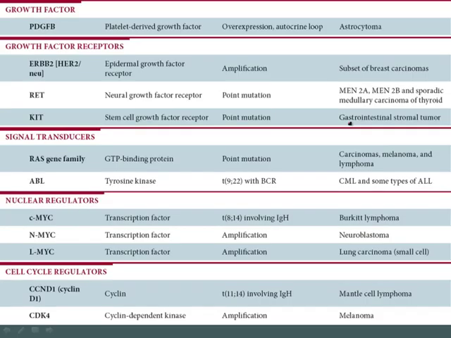Mantle cell lymphoma is a lymphoma of B cells. Actually, let me take a step back. Let's create another whiteboard and explain something. What is a mantle cell lymphoma first? So here's a lymph node, and remember that the B area of the lymph node is the cortex. That's where the B cells live. Within the B area, you have follicles. So this is a follicle.